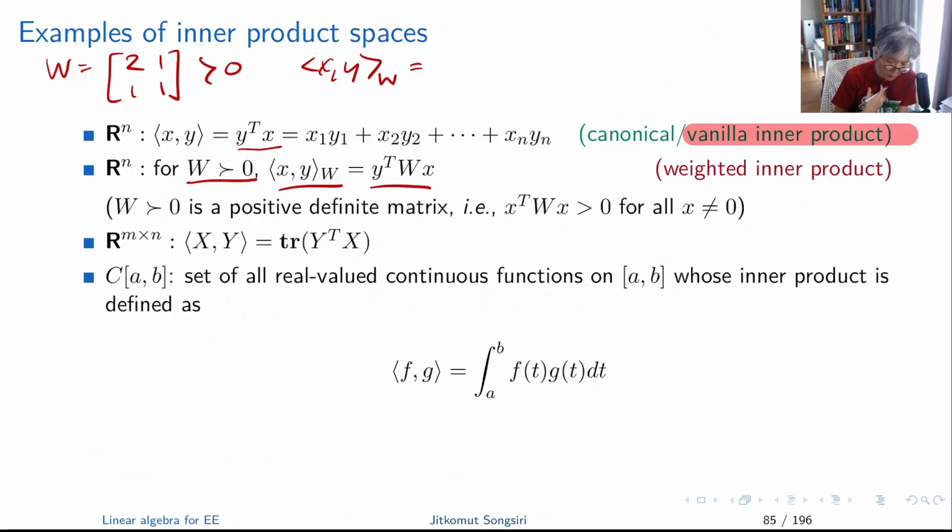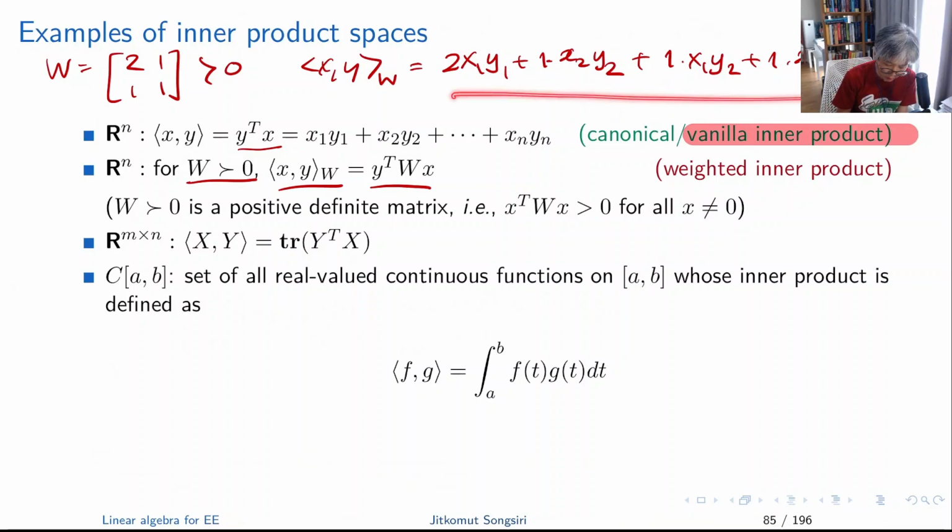I can say y transpose W x is going to be 2 x1 y1, plus 1 times x2 y2, plus 1 x1 y2, plus 1 x2 y1. I hope you can expand this to here.